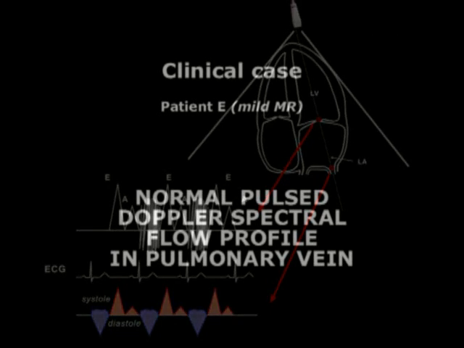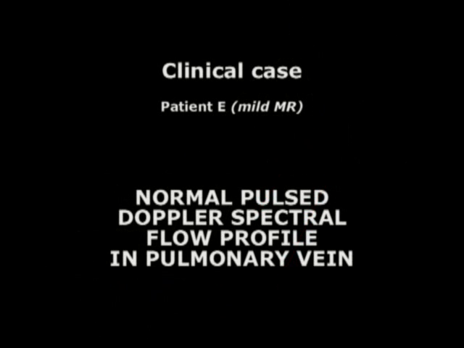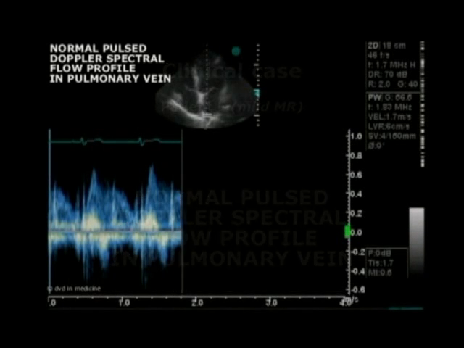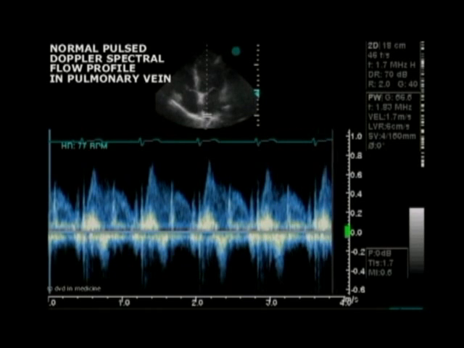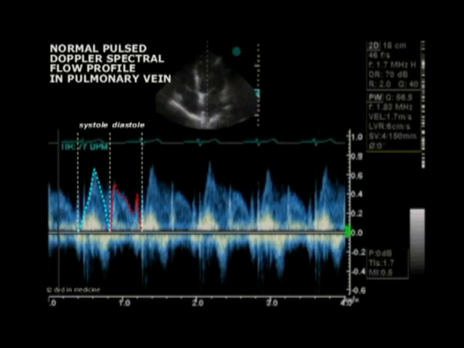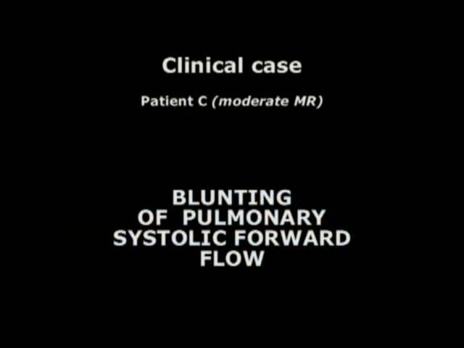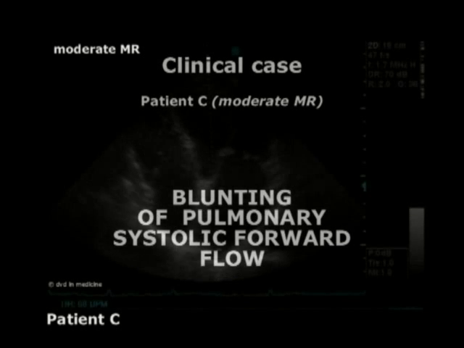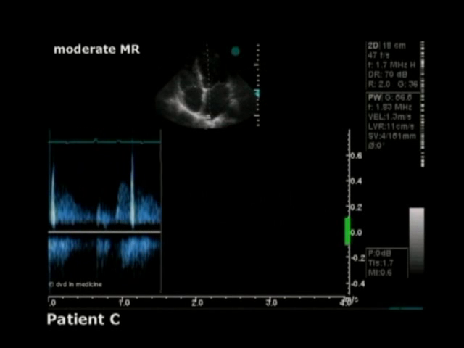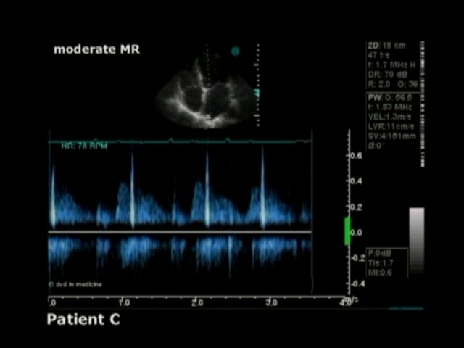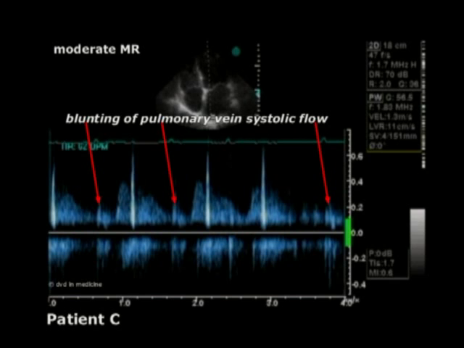Patient E with mild MR. The pulse Doppler spectral flow profile is normal. Patient C with moderate MR. The blunting of pulmonary vein systolic flow.